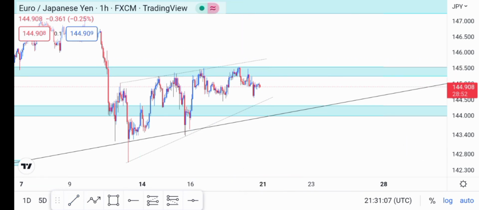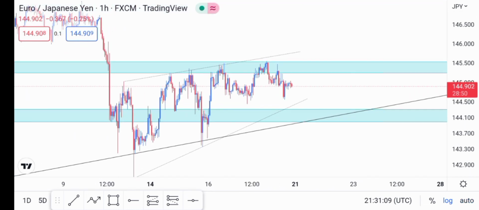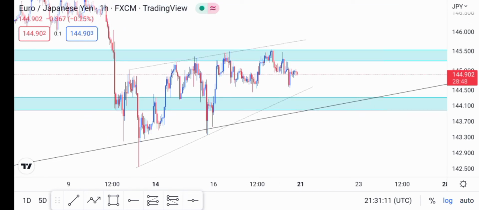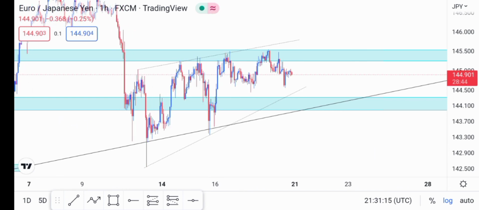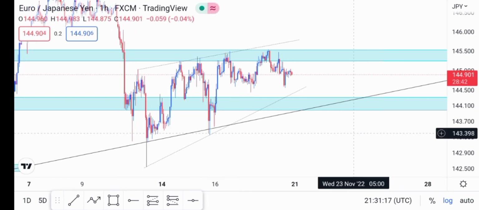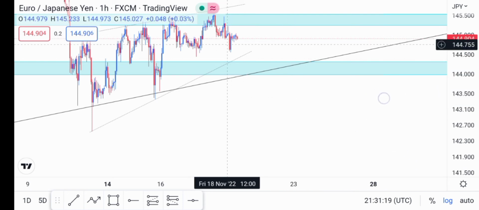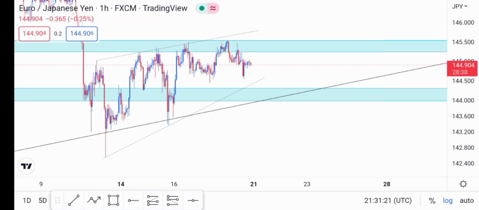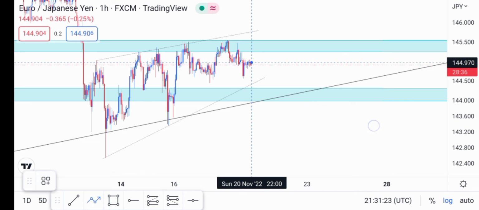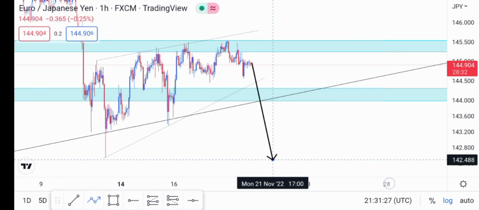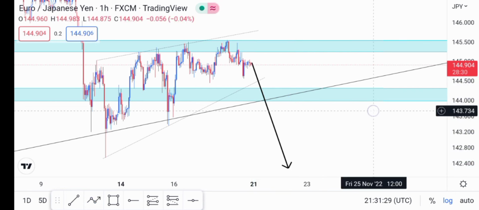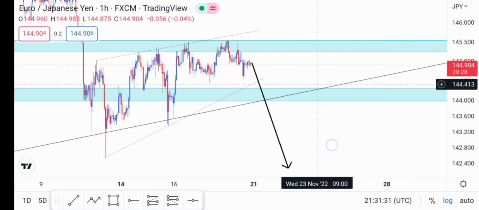Okay, so yeah, this is what I'm seeing on the 1-hour time frame. If you look closely, the market created another beautiful wedge pattern right over here. And if we see a push to the lower side, we could see a breakout here. Then another will be selling.